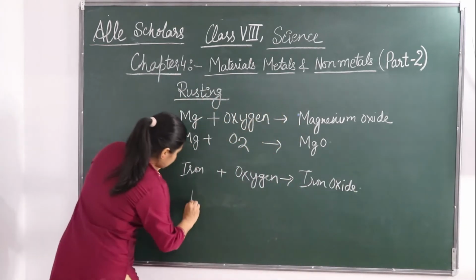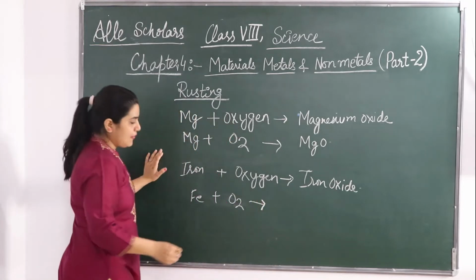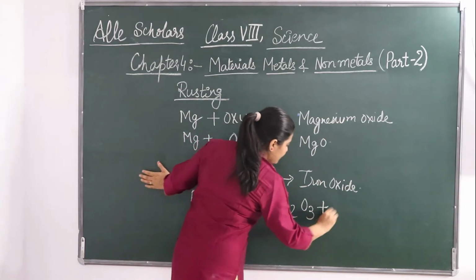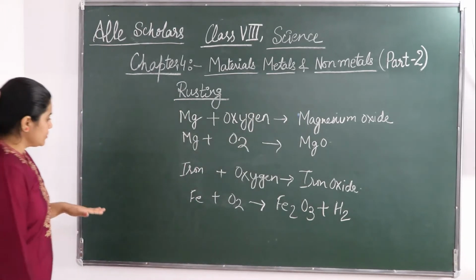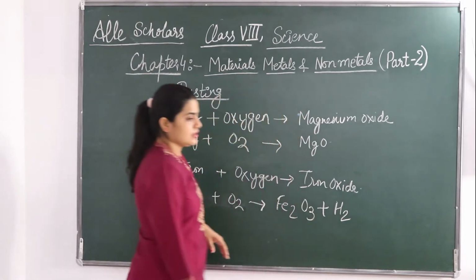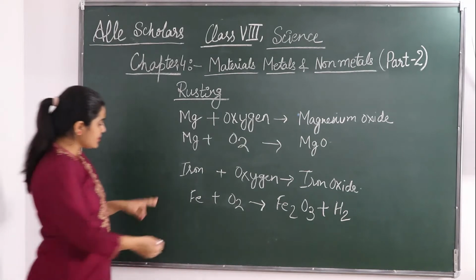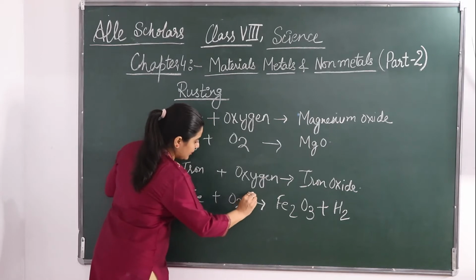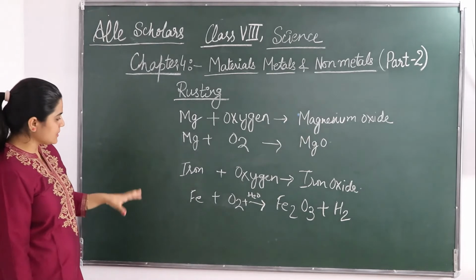So Fe plus O2 is going to give Fe2O3, and hydrogen gas is also released, H2 gas.